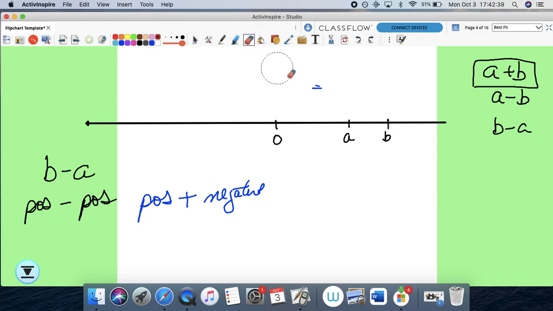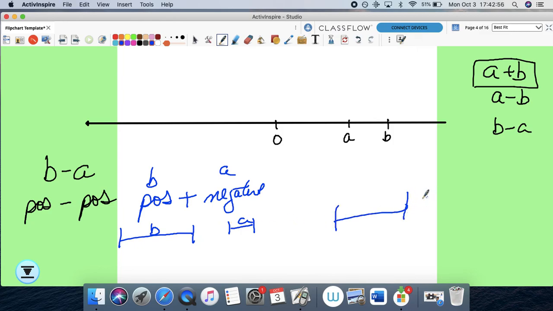Now, when it's a positive and a negative, and you're combining those two, here's the positive, which is B, and this is A. So B is this big, A is that. What am I doing with these two distances? Am I putting them side by side? This is B, and then next to it I put A. Is that my answer, the sum or combination of both distances together?